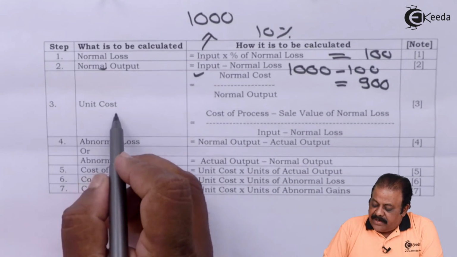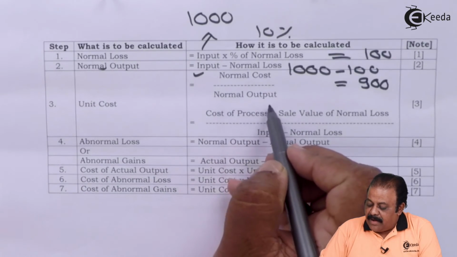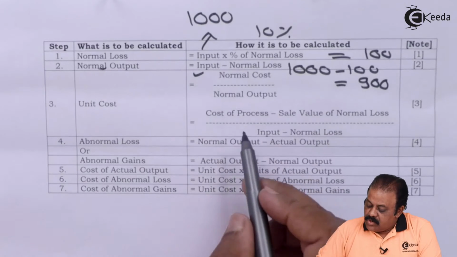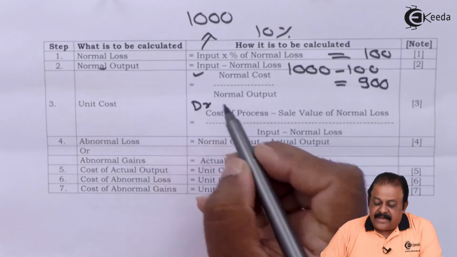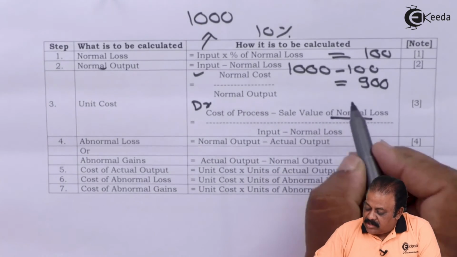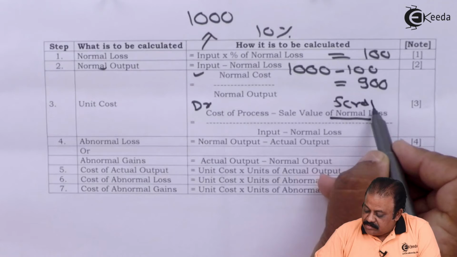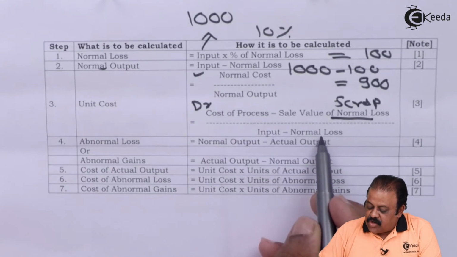If we are required to find out unit cost, the formula is normal cost divided by normal output, that is cost of process, that is total of debit side, total of all expenses, minus sale value of normal loss, that is scrap value of normal loss unit sold, divided by input minus normal loss.